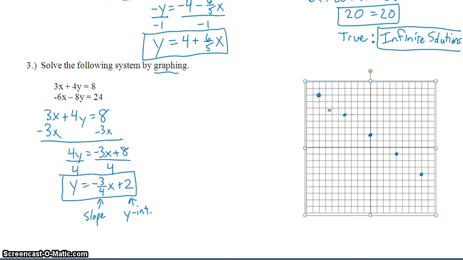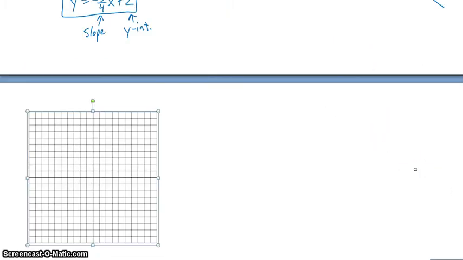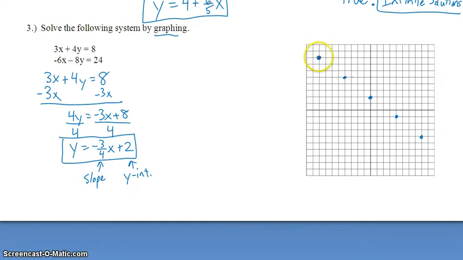When I connect those dots, making my line, I'm drawing in all the points that make that first equation true. All of the points on this line make this equation true.